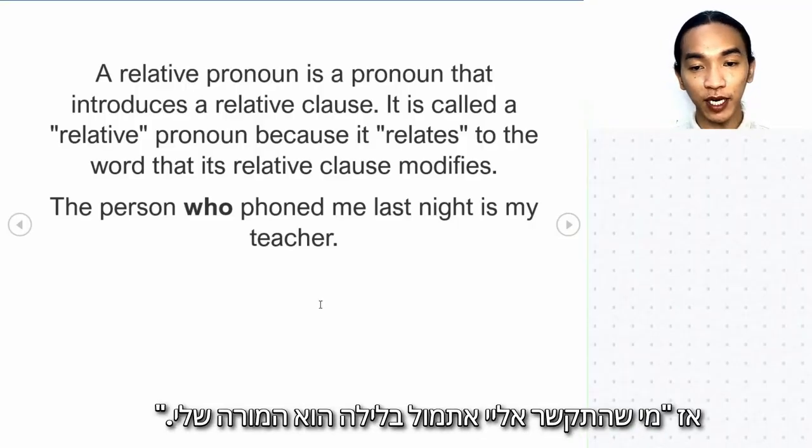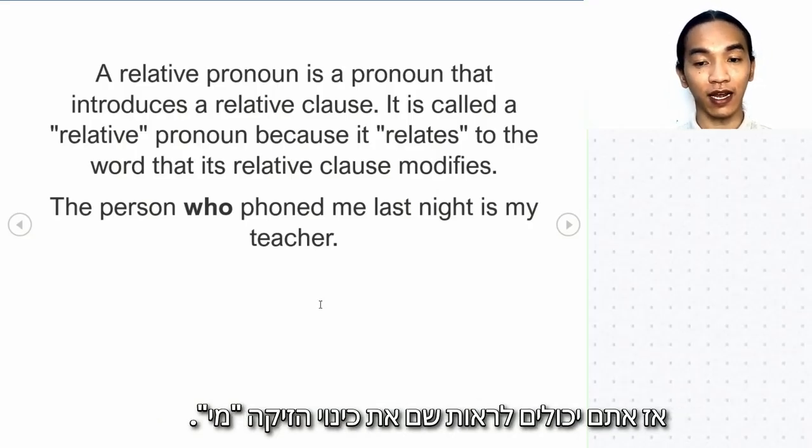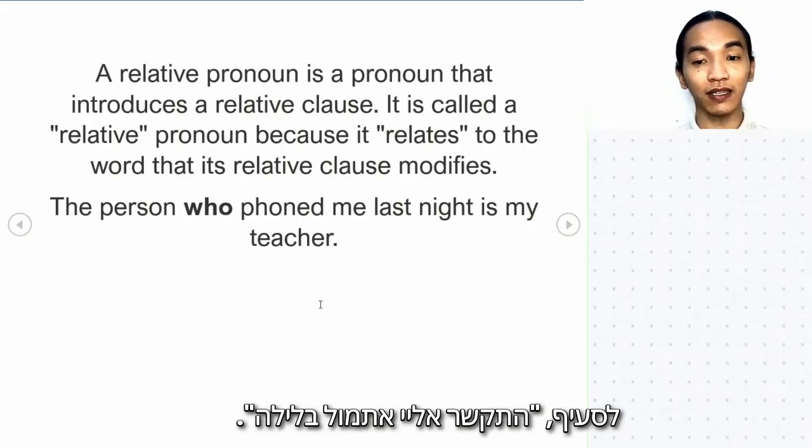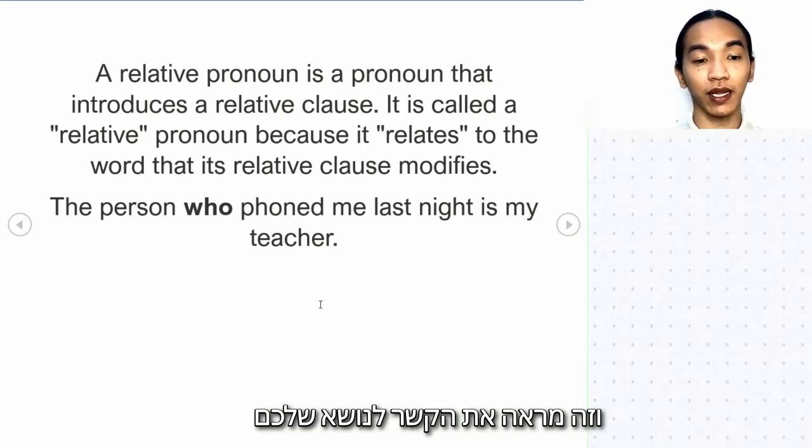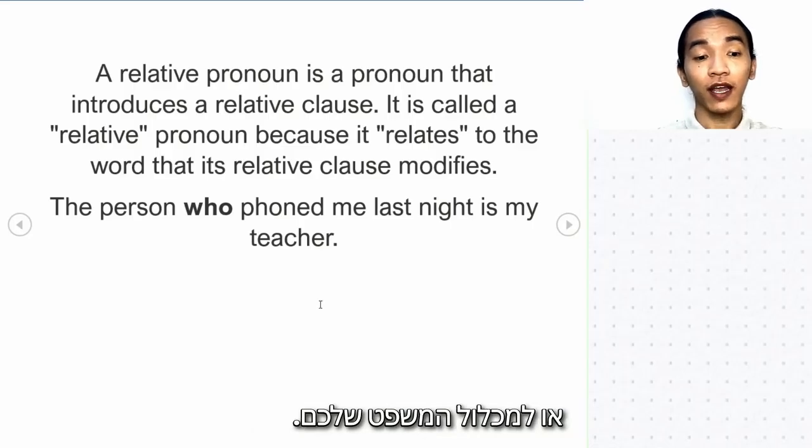The person who phoned me last night is my teacher. You can see there the relative pronoun who relates to the clause phoned me last night. That is your relative clause in this case, and it shows the relationship to your subject or to the totality of your sentence.